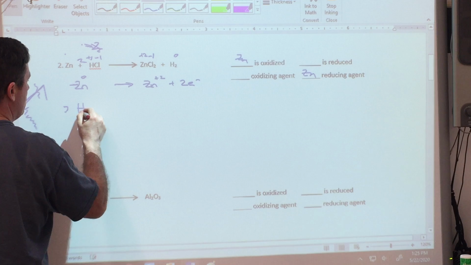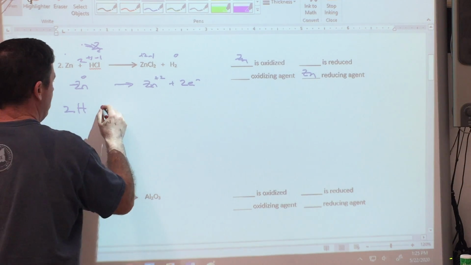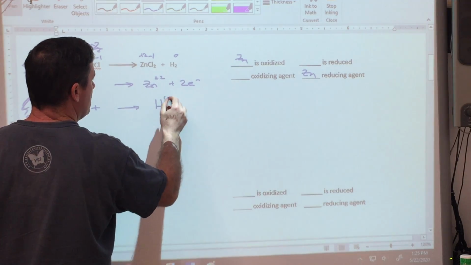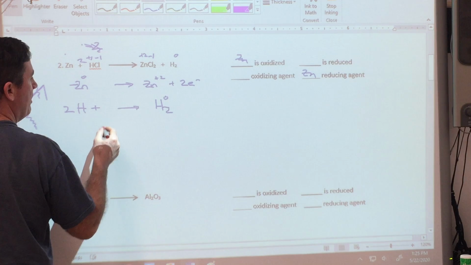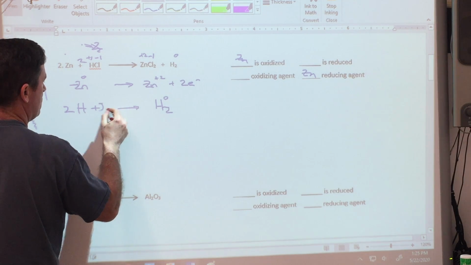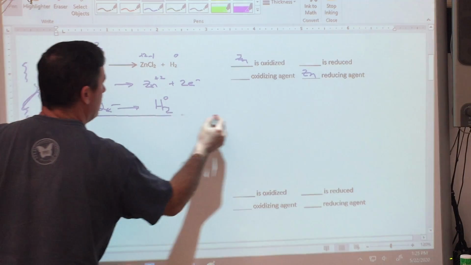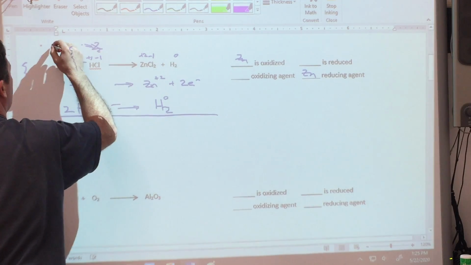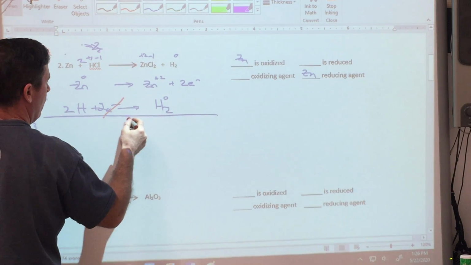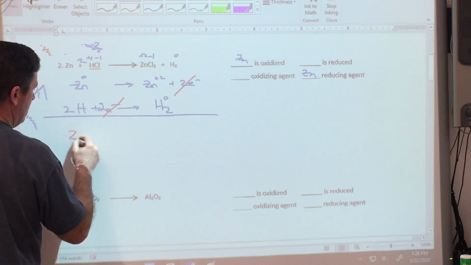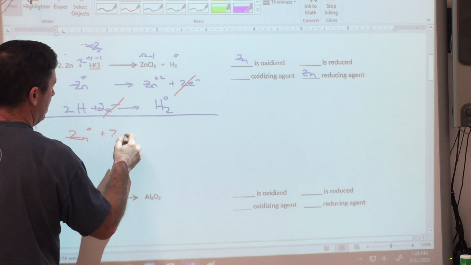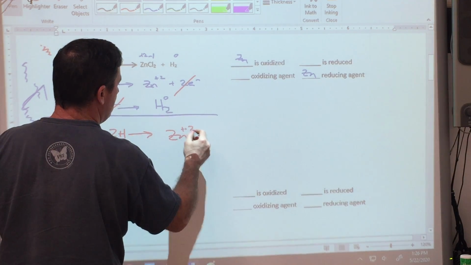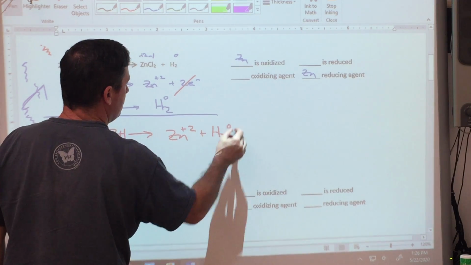So we've got 2 hydrogens, must have gained electrons to become H2, and it did that by gaining 2 electrons. So my 2 electrons can get crossed out.